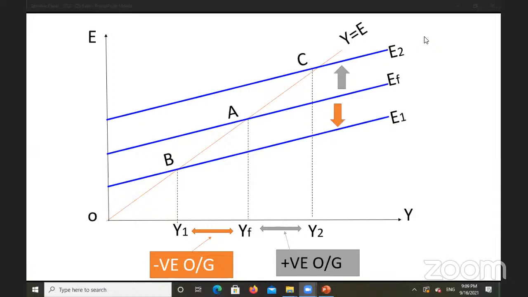Output gap is zero. Output gap is zero is the situation where actual output equals potential output.